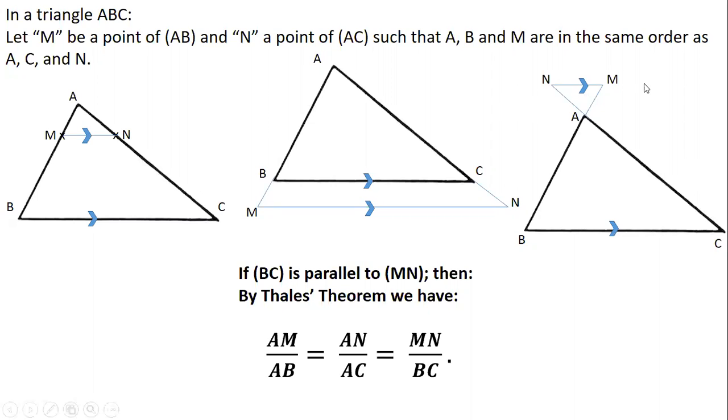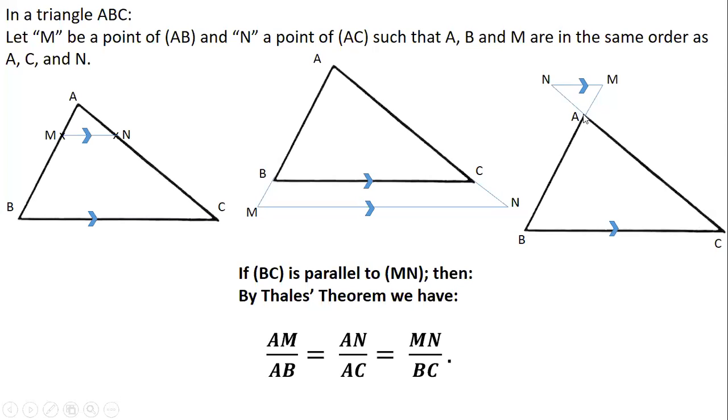Okay. Start again, please. AB over AM equal AC over AN equal BC over MN. Okay, listen to me, Fadil. If you start the first ratio with AB, the second ratio you should start with AC, the third ratio you should start with BC.